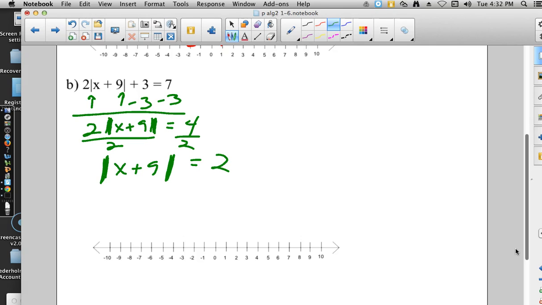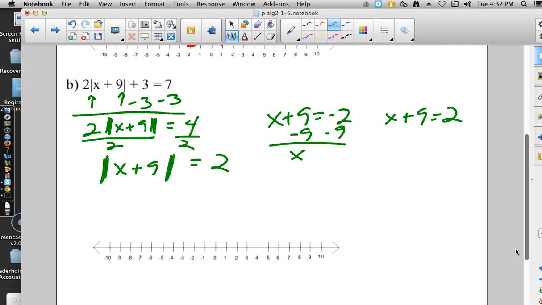Now we have isolated the absolute value. It's on one side all by itself. So the next thing we have to do is say, all right, could be negative 2, could be positive 2. Those are the things that could happen here. That's our jailbreak. 2 bars, 2 escape routes.